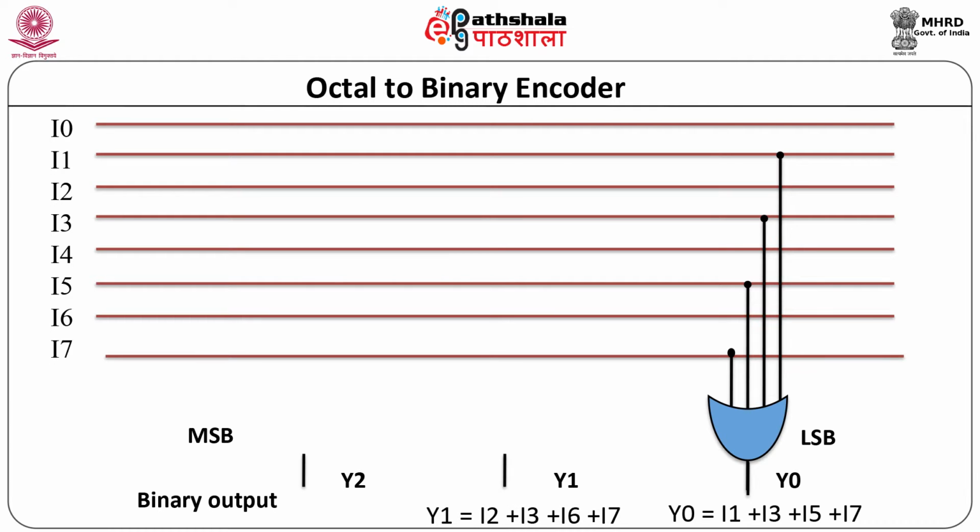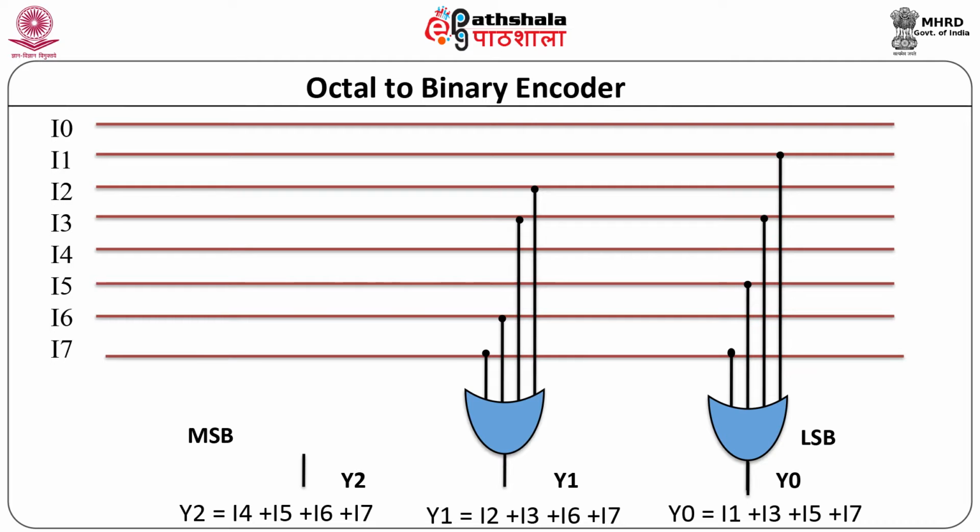Let us implement the Boolean expression for Y1. The OR gate is used to produce the sum of I2, I3, I6 and I7. Let us implement the Boolean expression for Y2. The OR gate produces the sum of I4, I5, I6 and I7.